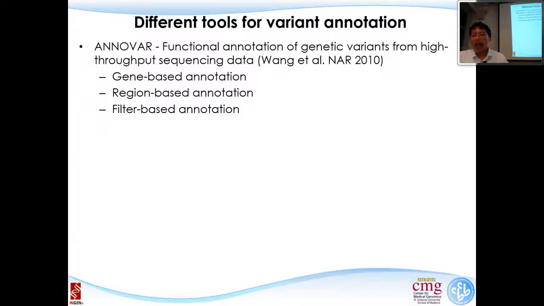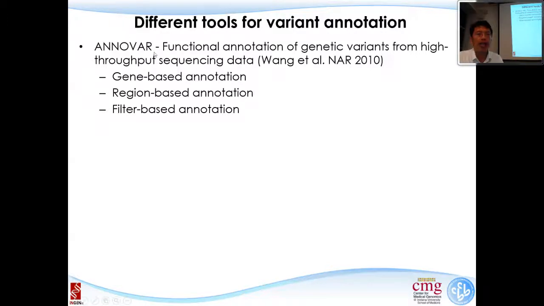The last piece I want to show is that I've shown you a lot of different predictions from SIFT, PolyPhen, and other tools that some other groups and we developed. For many of them, you don't have to download the original tool to do the prediction, because there is another wrapper called ANNOVAR.